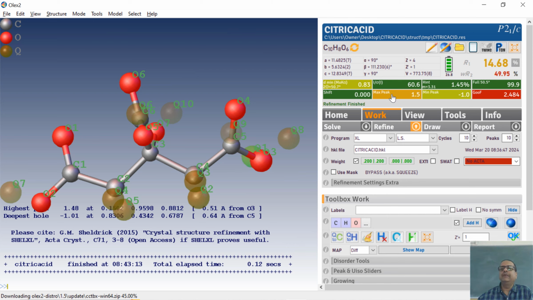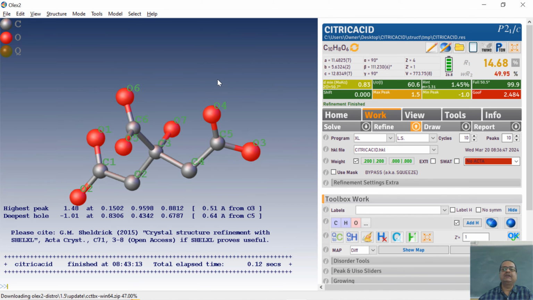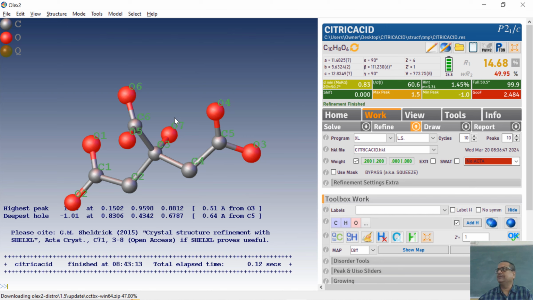You see the max peak and minimum peak, that is the electron density residuals are shown here, and goodness of fit is very high, it is not 1. So at this point, what we should do is we should do anisotropic refinement. That means we want to now refine the thermal parameters in all 3 dimensions. So to do that, you have to click on this icon which looks like a rugby ball. So that will do anisotropic refinement.